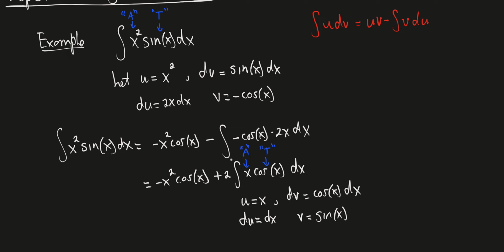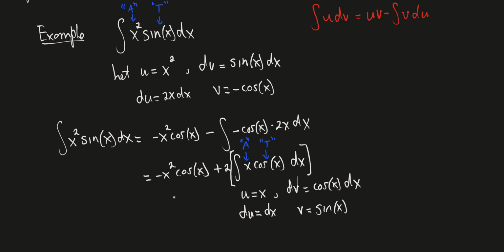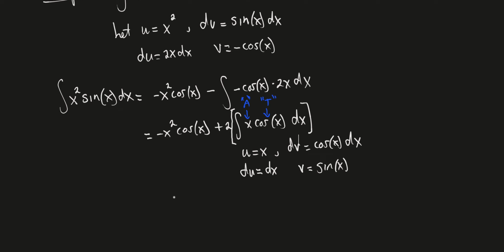So when I apply parts again, this is going to be replaced with uv minus the integral of v du based on these equations, and we have to keep in mind the entire thing that's in the square brackets. All right, so let's write out the full thing now.